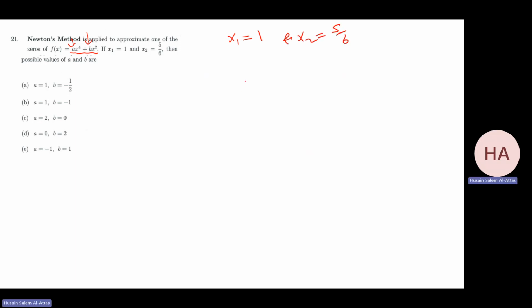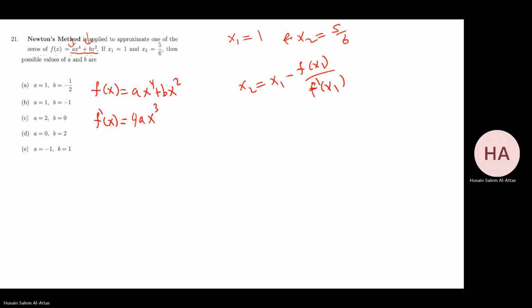What will be x2? x2 is x1 minus f of x1 over f prime of x1. So what is my function here? a x to the power 4 plus b x squared. That means f prime is 4a x cubed plus 2bx. Correct?